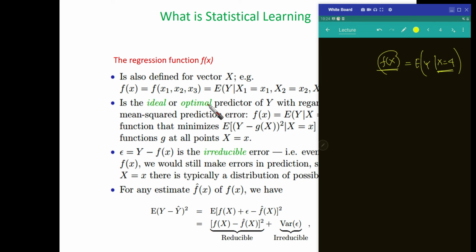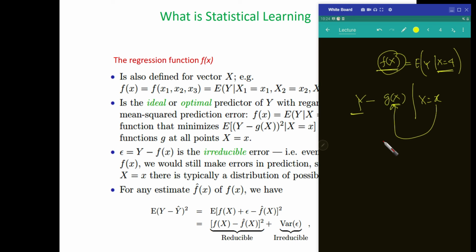So this is what we are saying is the optimal function. Now what it means is, you can have any other function other than f of x, let's say any other function g of x, okay? And let's say at a very particular x, you take any function, and then this is your response variable.